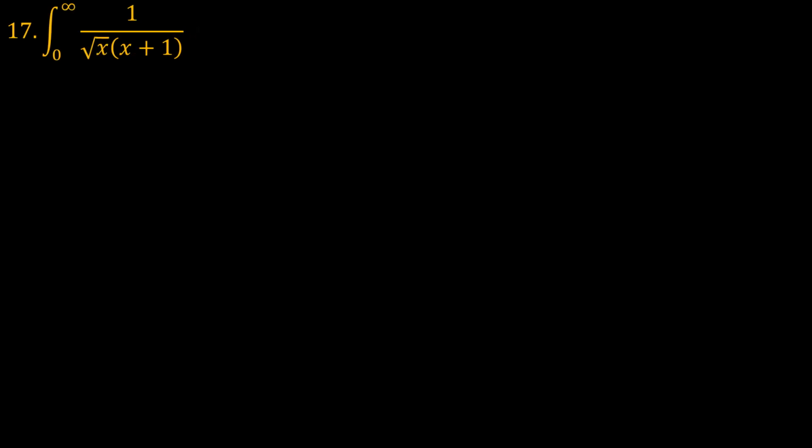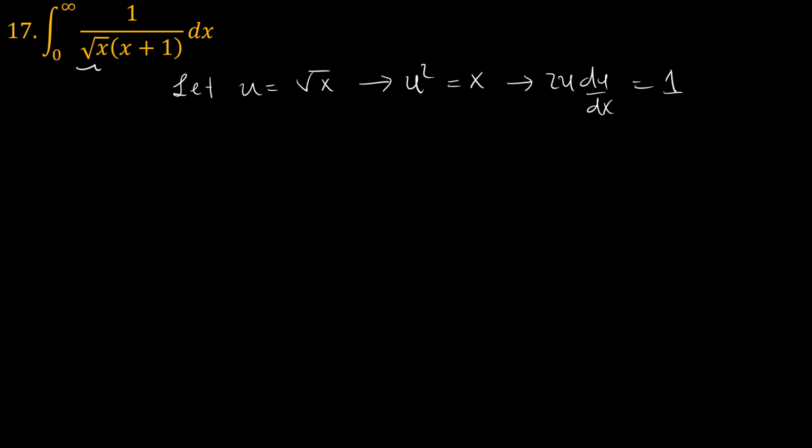Problem number 17. The definite integral from x equals 0 to x tends to infinity of 1 over square root of x times x plus 1. So what we do, we see this part, and I think the inclination is to say let u be equal to square root of x, meaning that u squared is equal to x, and therefore 2u du/dx is equal to 1, and we can now substitute for dx with 2u du.